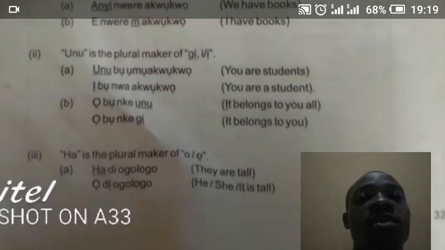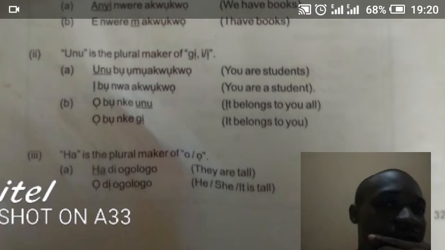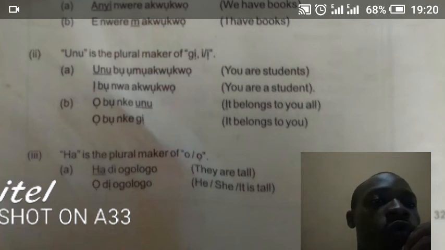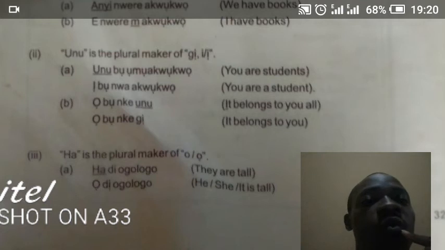The next example is unu, the plural maker of gi. Okay, look at the example there. Unu bụ ụmụ akwụkwọ. You are students. Ị bụ nwa akwụkwọ. You are a student.